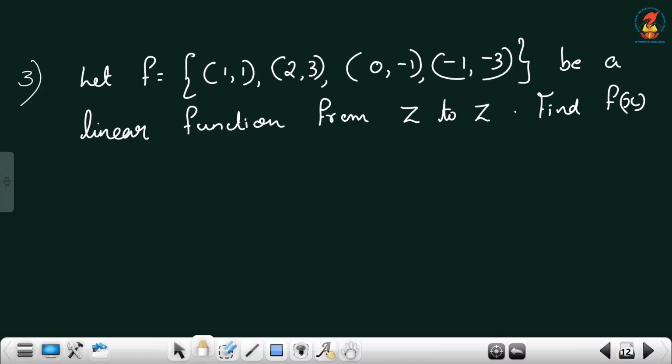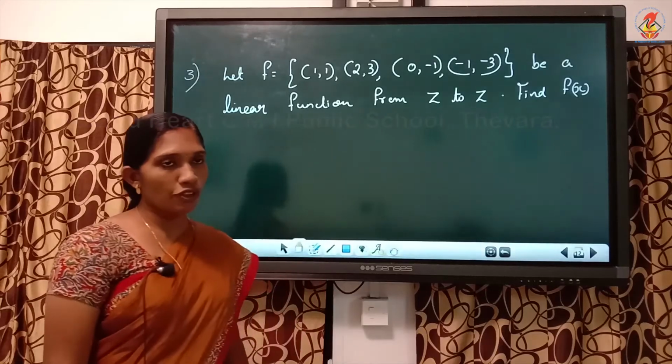Now the next one. Let f be the set of ordered pairs (1, 1), (2, 3), (0, minus 1), (minus 1, minus 3), a linear function from Z to Z. Find f of x. So f is given in roster form, and we have to find f of x.